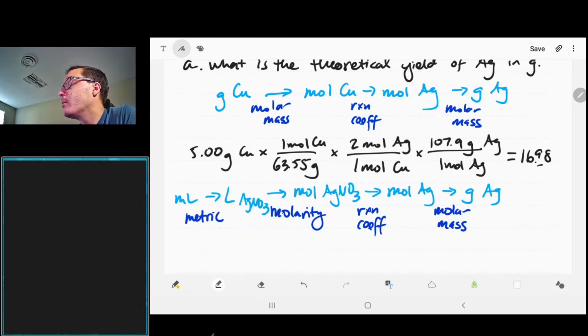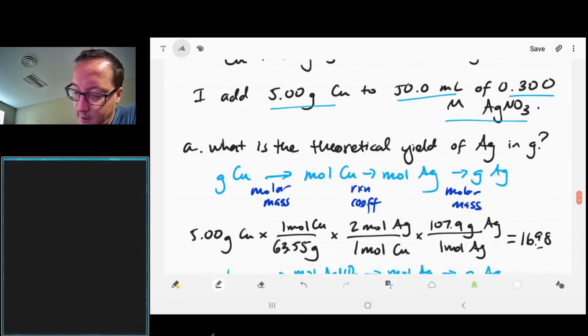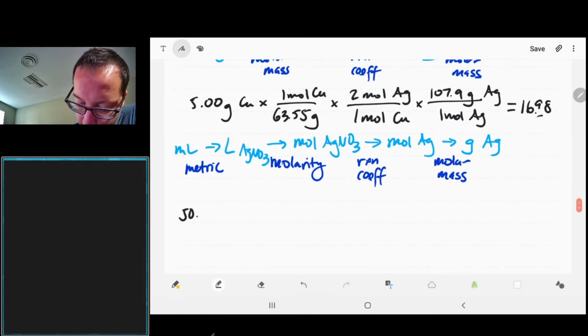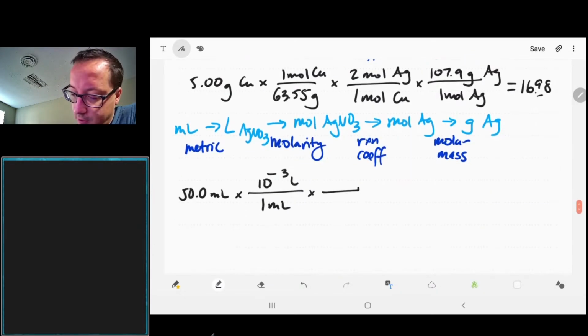Let me just look up silver nitrate's atomic mass. Okay. So it looks like we're starting with 50 mLs. Our molarity was given to us as 0.30.